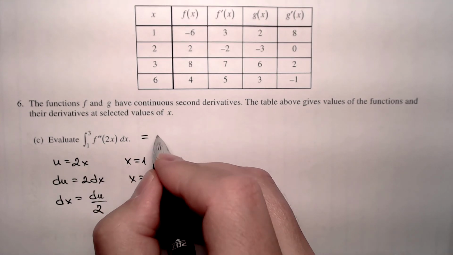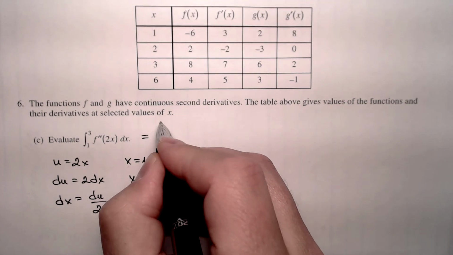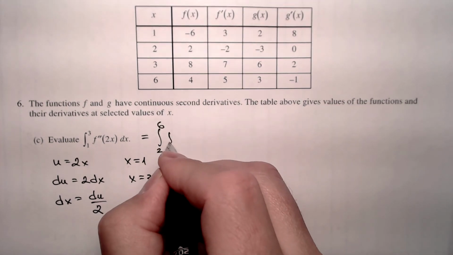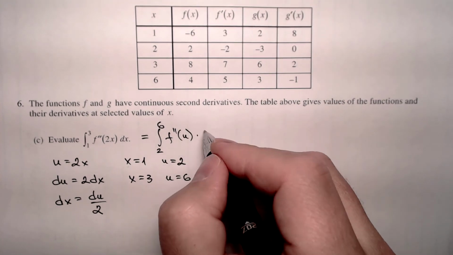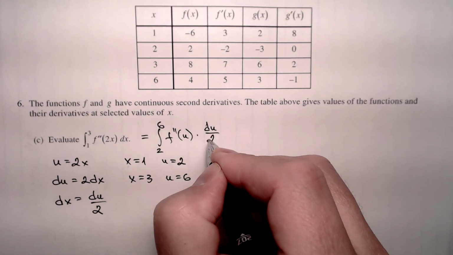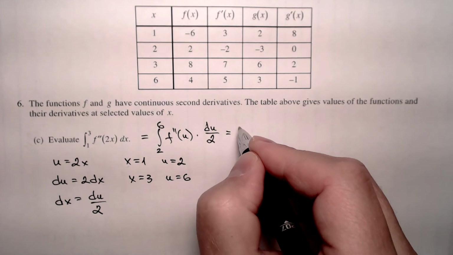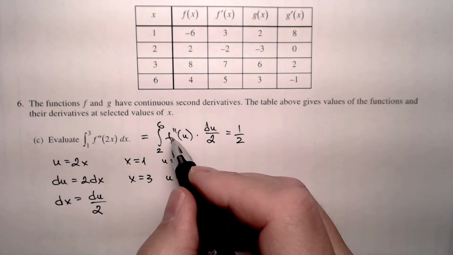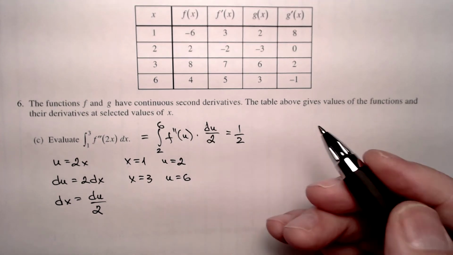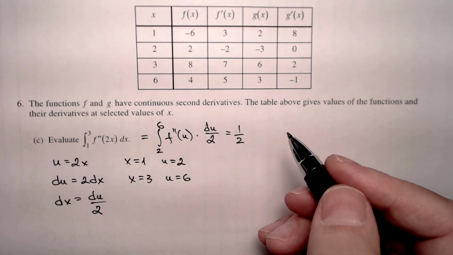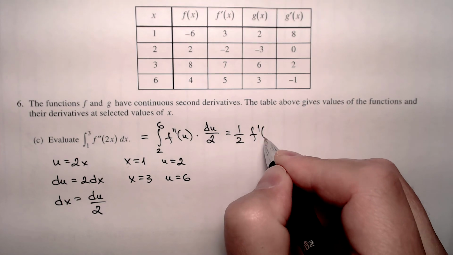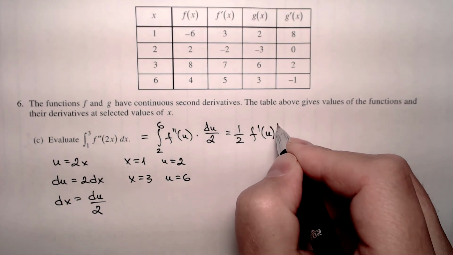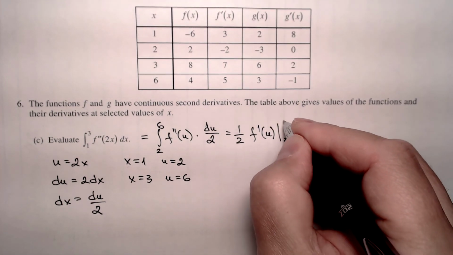So this integral is equal to the integral from 2 to 6 of f double prime of u, and instead of dx we plug in du over 2. So this is equal to 1/2 times the integral of f double prime of u du. The integral, by the fundamental theorem of calculus, is just f prime of u evaluated at 2 and 6.